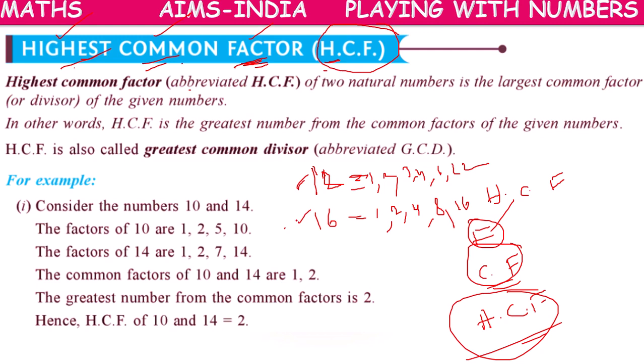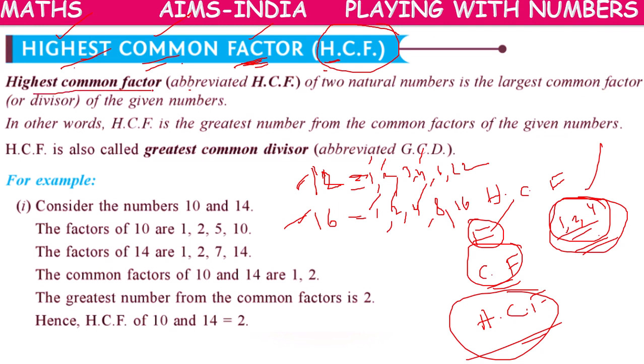Like that, first we have to write the factors. Out of these factors, what are the common factors? 1 is common for both numbers. 2 is common. Next, 4 is common. So 1, 2, 4 are the common factors. In these common factors, what is the highest? 4 is the highest one. So 4 is considered as the highest common factor.